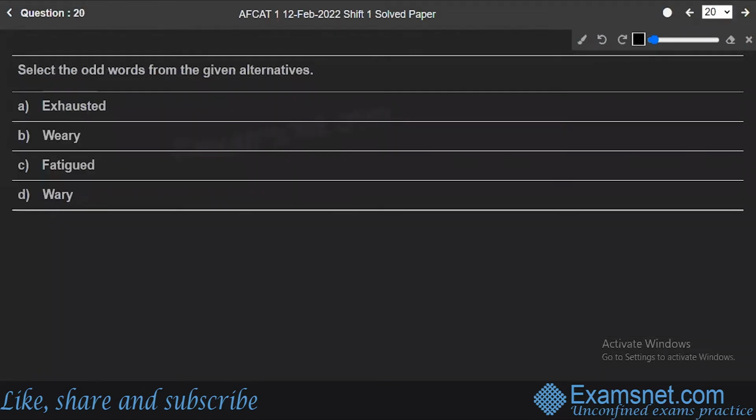Next, let's move to the next question, the 20th question. You have to select the odd word from the given alternatives: exhausted, weary, fatigued, wary. Let's write down the meanings of them. Exhausted means when you're completely tired or completely depleted of resources.